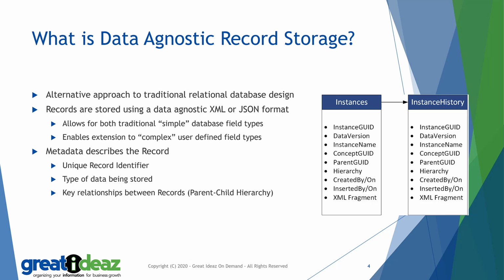One of the key relationships in a relational database is typically the parent-child hierarchy of instances within the dataset. So taking our insurance example, the top level record may be an insurance policy.